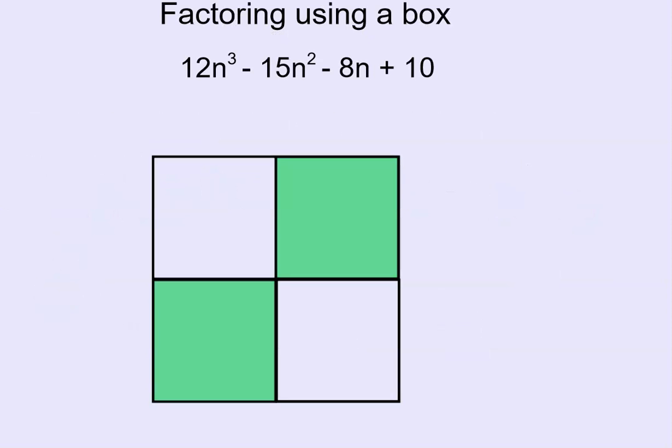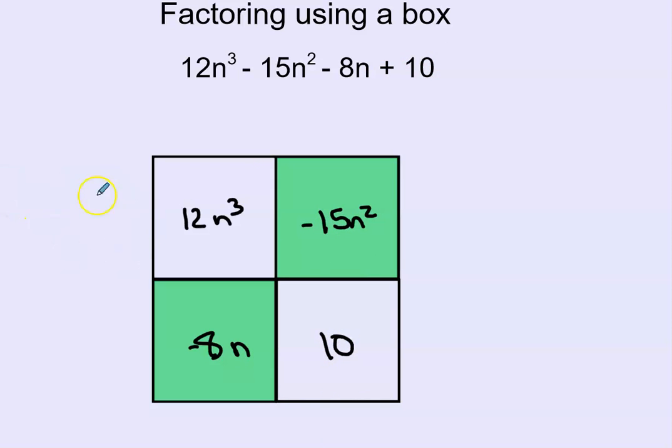So first we're going to start off with a problem that you guys have seen before. You've done a bunch of these types of problems. We need to factor this expression, and we're just going to put our terms in these boxes: 12n cubed, negative 15n squared, negative 8n, and then positive 10.